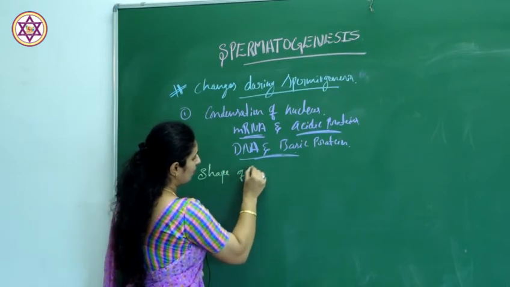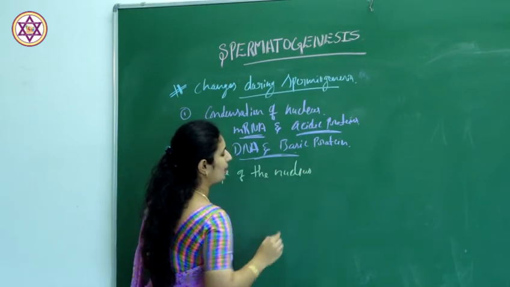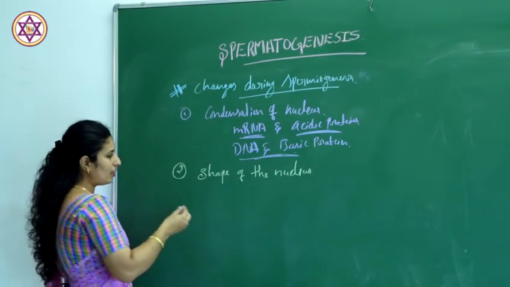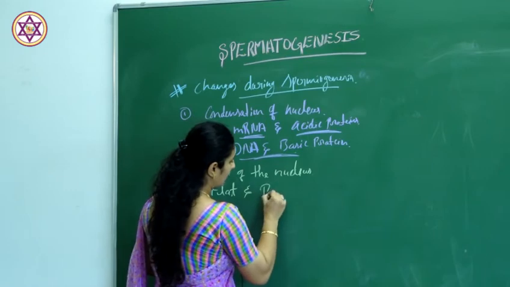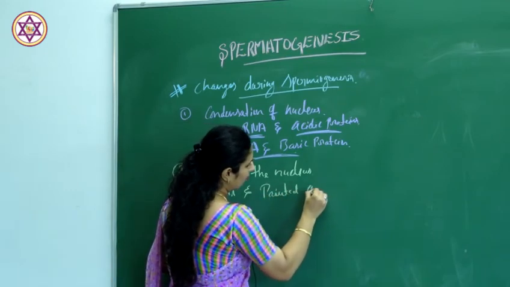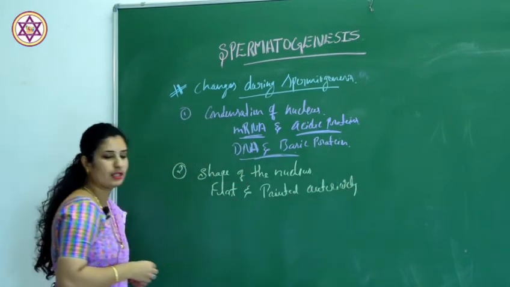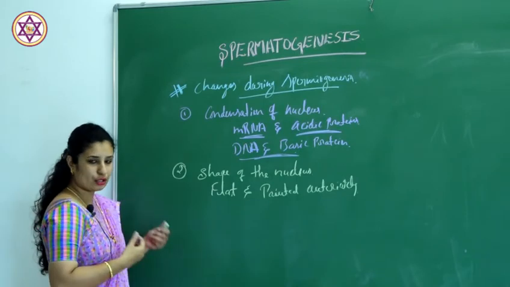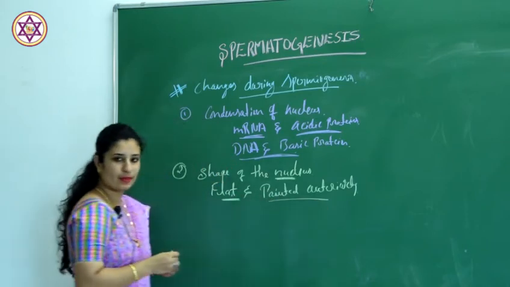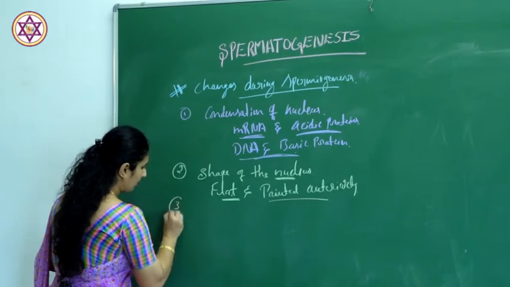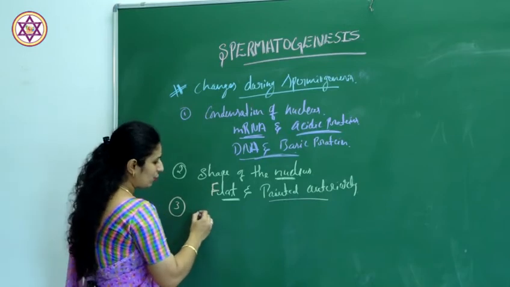The next point is about the nucleus shape. The nucleus becomes flat and pointed anteriorly, particularly in the human sperm. The third point is about the cytoplasm.